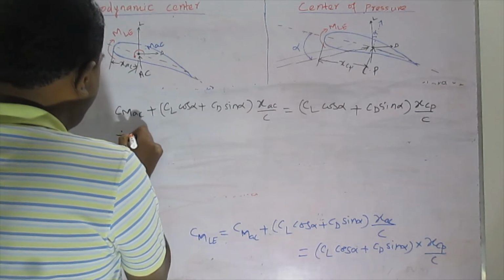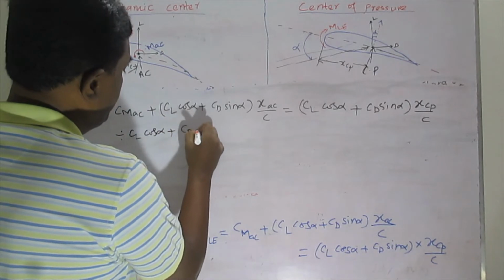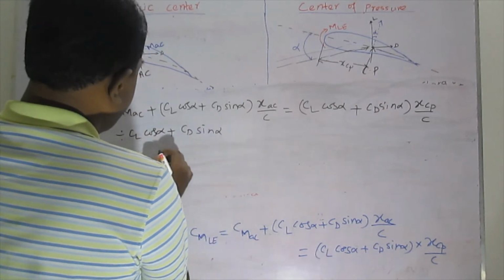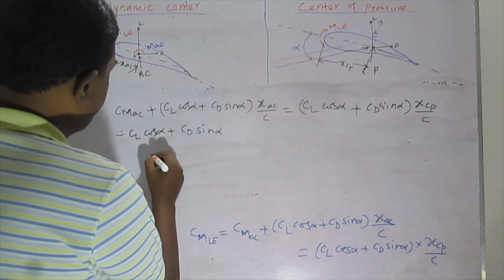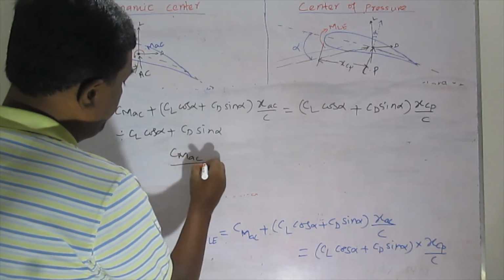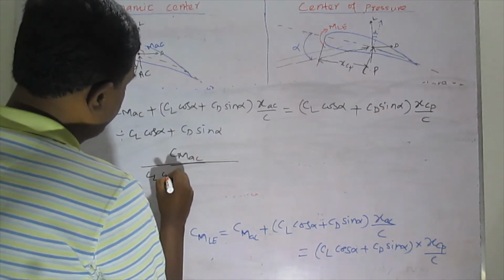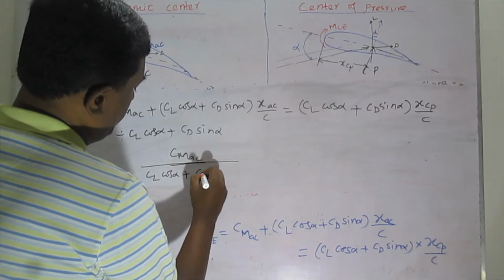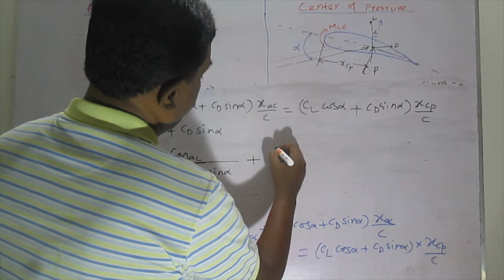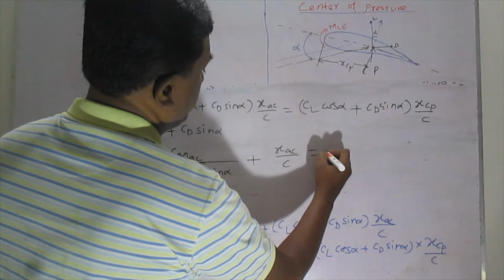So dividing by CL cos alpha plus CD sin alpha, we'll be getting CMAC divided by CL cos alpha plus CD sin alpha, plus XAC by C, that is equal to this side.